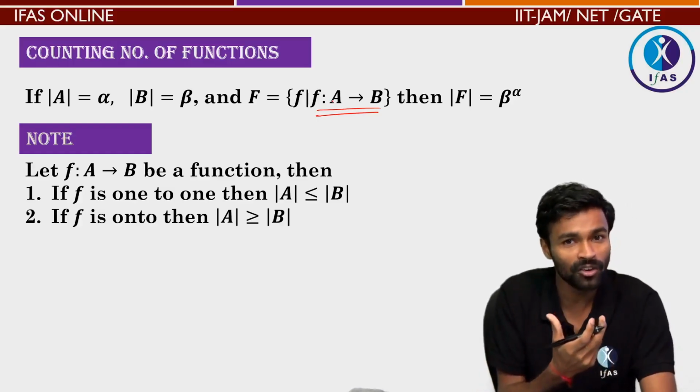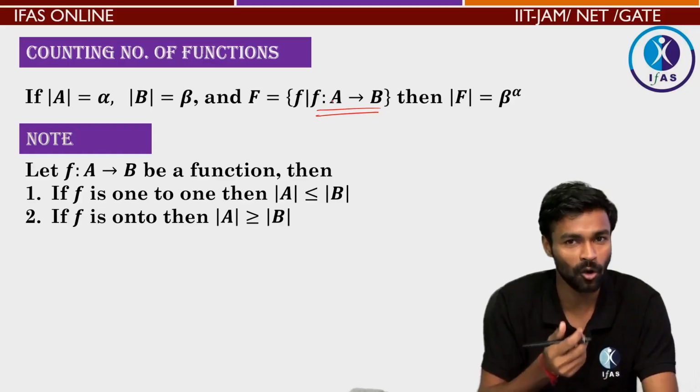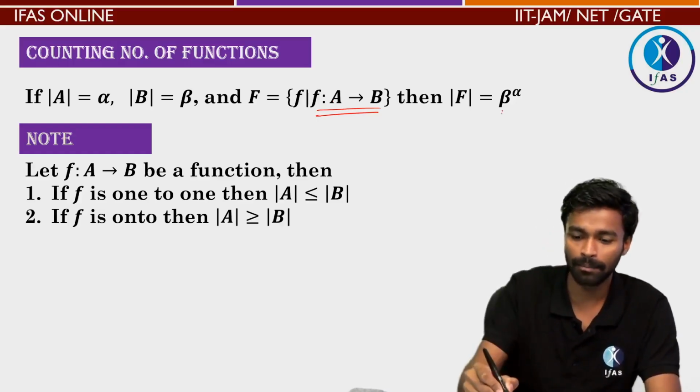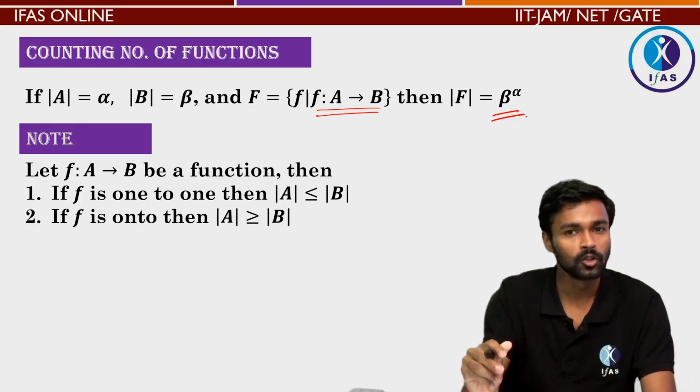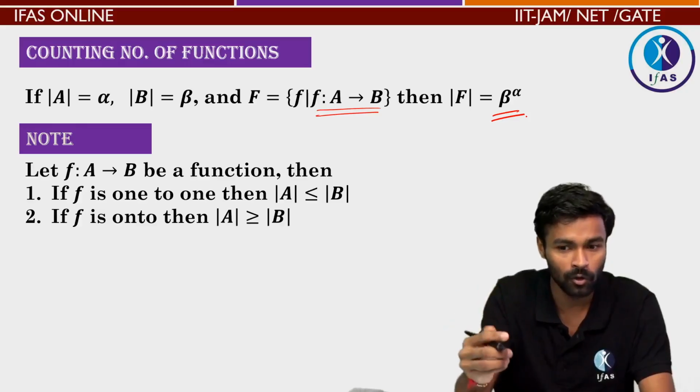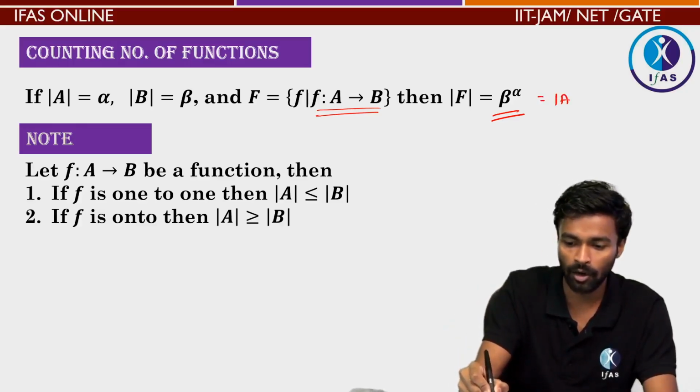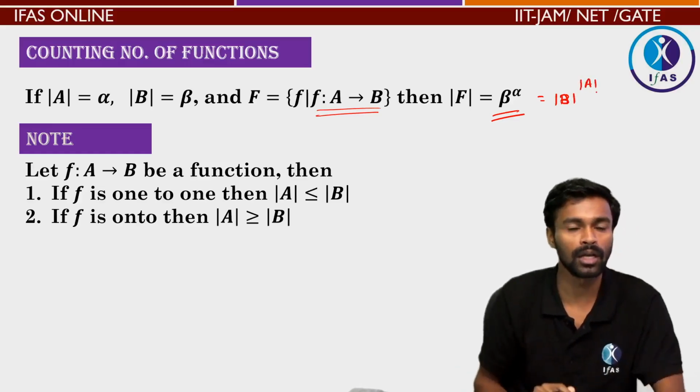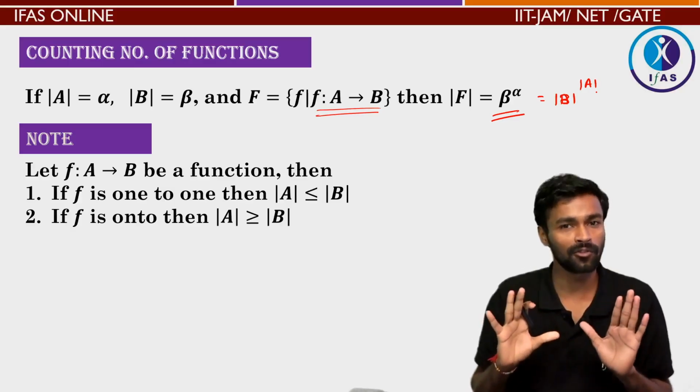Then the set of all functions f from A to B has cardinality beta to the power alpha. Okay, तो कोडोमेन की जो cardinality होगी वो cardinality to the power cardinality of domain. These are the total number of functions.